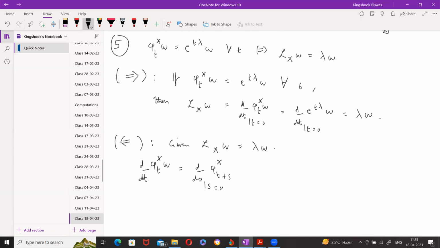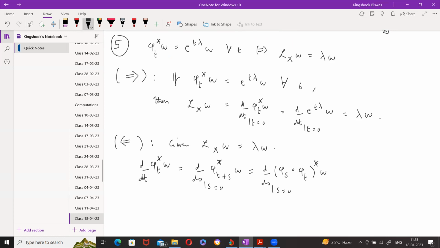Phi t plus s star of omega. So because this is a flow, I can write phi t plus s as phi s composed with phi t. And then I have star of this omega.